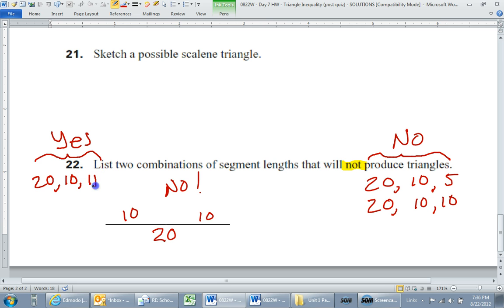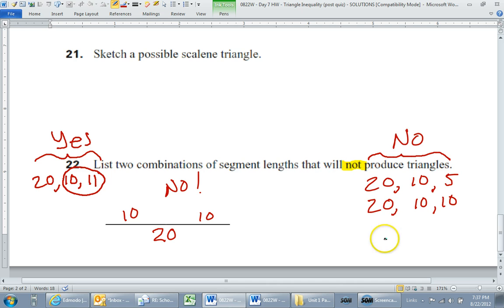Say 11, 12, 13. I just needed something where these two numbers would add up to be more than 20. And if I pick 11, 10 plus 11 is 21. That's more than 20, so that would work.